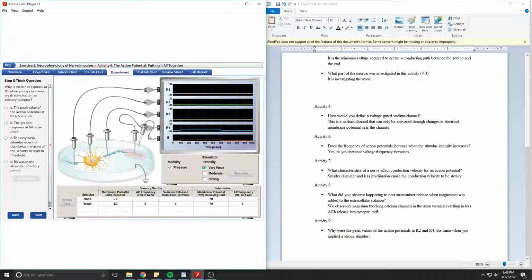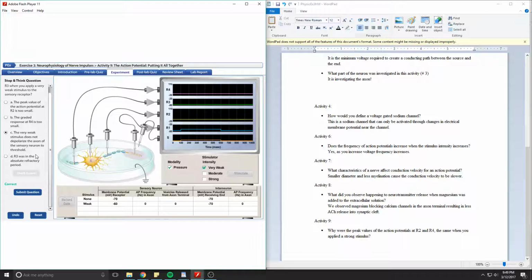Well, it didn't get past R1. Like R1 sensed it. The very weak stimulus does not depolarize the axon. I'm going to go with that one. Yeah. So the very weak stimulus does not depolarize the axon. I'm starting to understand this. This is starting to make more sense, which is good.